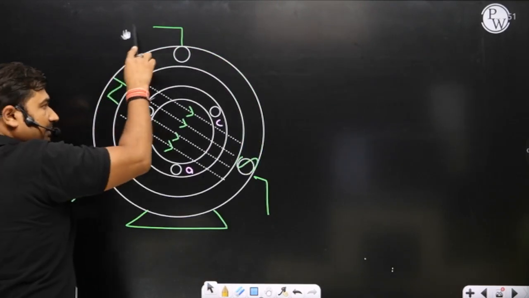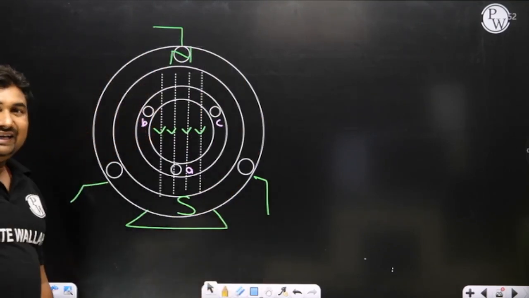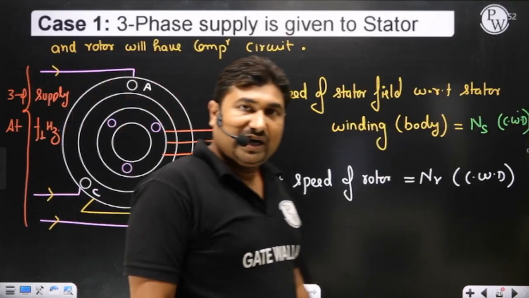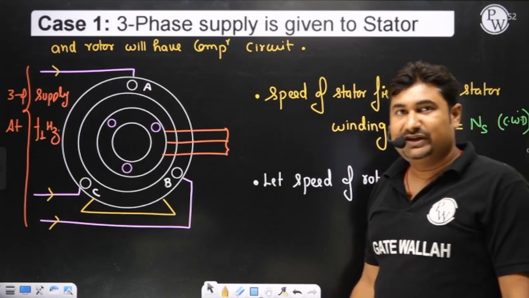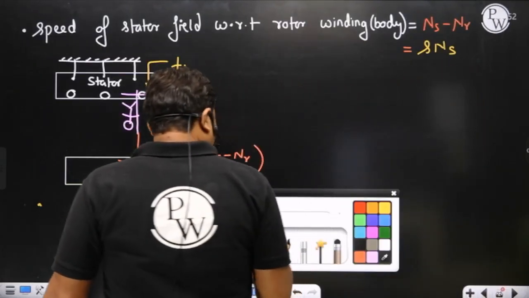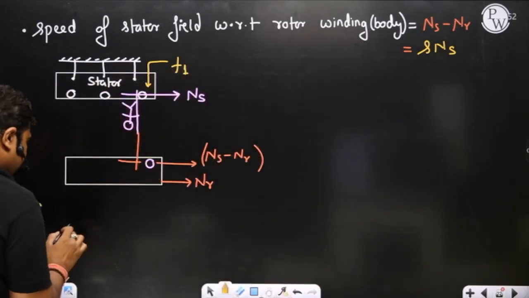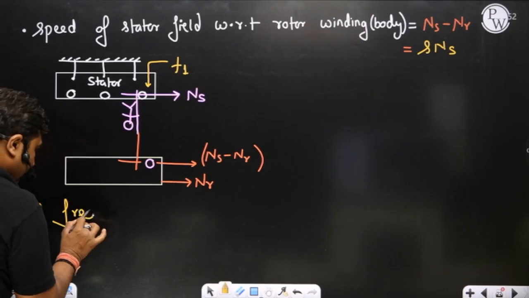So induced EMF of the rotor is time displaced by 120 degree in A phase, B phase and C phase. Is it okay? Yes, sir. Now please observe. I am interested to understand the frequency of induced EMF.